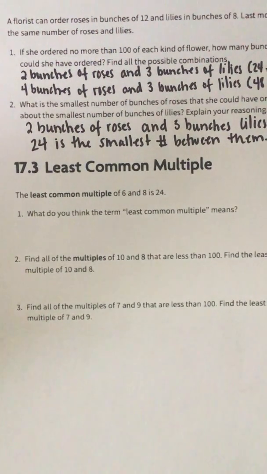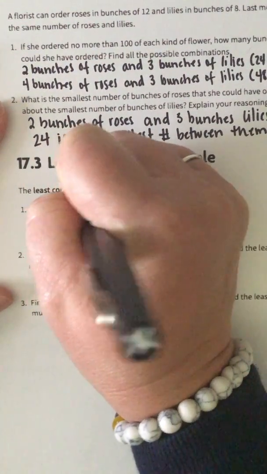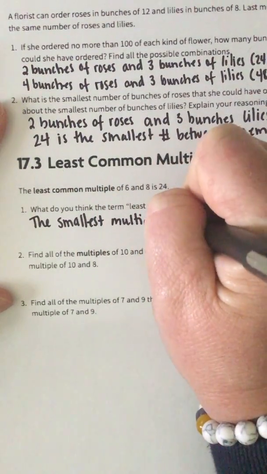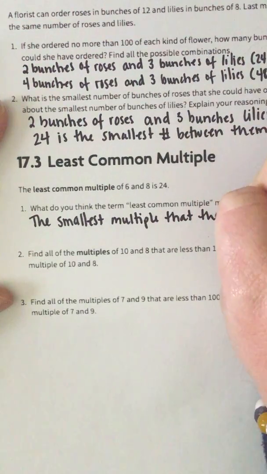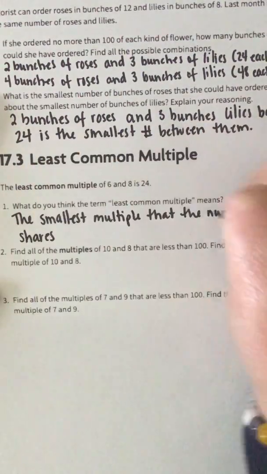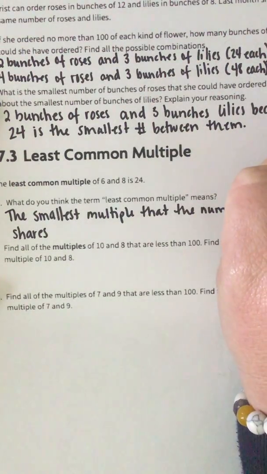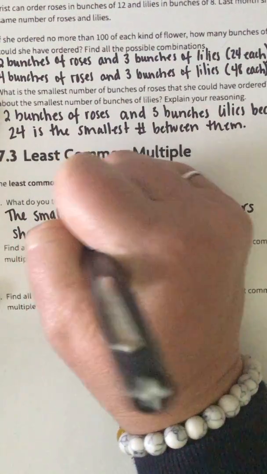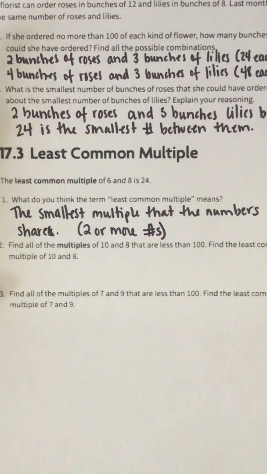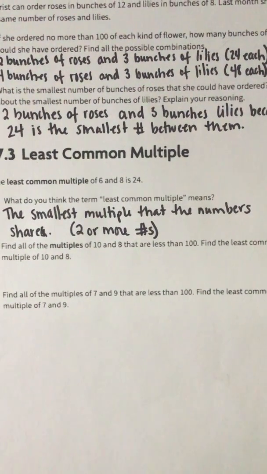The least common multiple is the smallest multiple that the numbers share. And remember, it's 2 or more numbers.